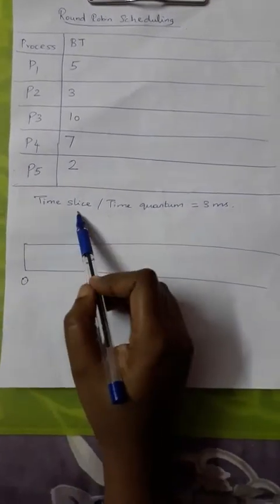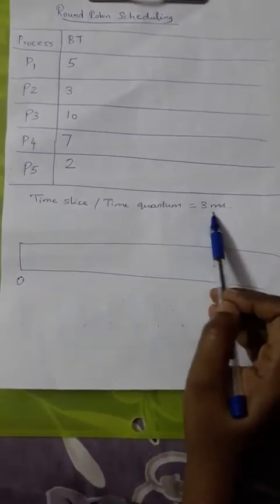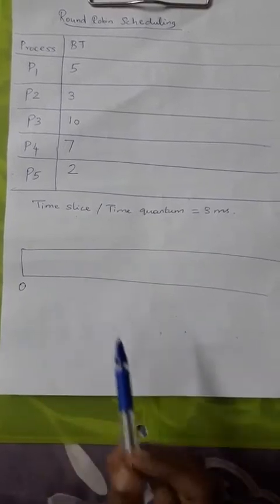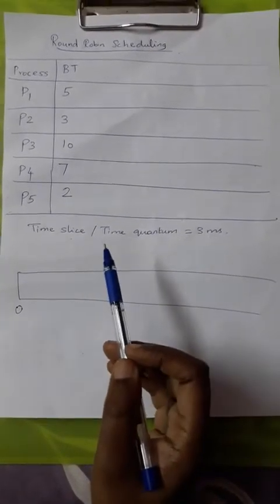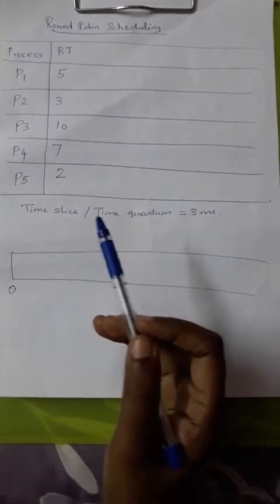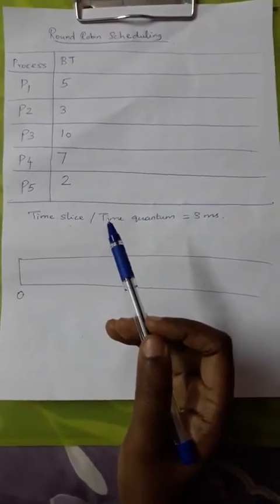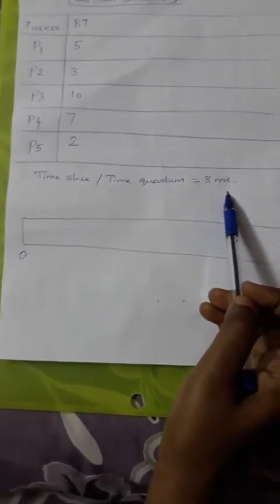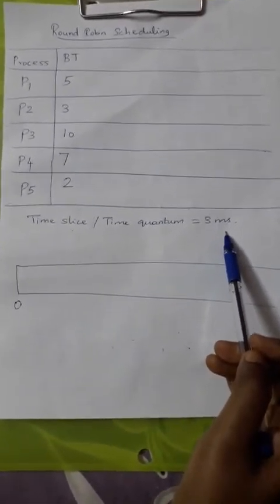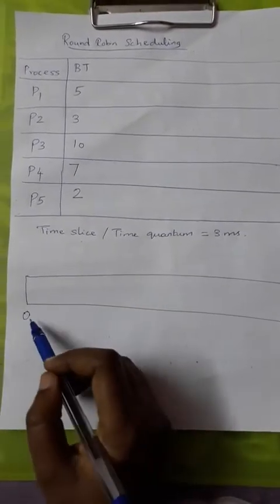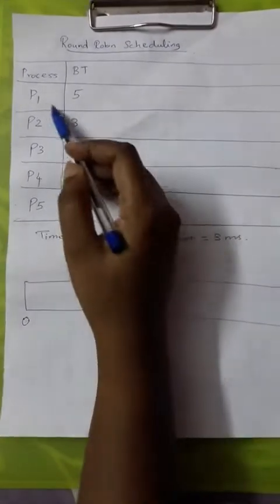Here the time slice is given as 3 millisecond. So each process will be executing for 3 millisecond only. If it has remaining execution time, after the completion of all the processes within the time slice period, the remaining processes will be executed. First we have process P1.